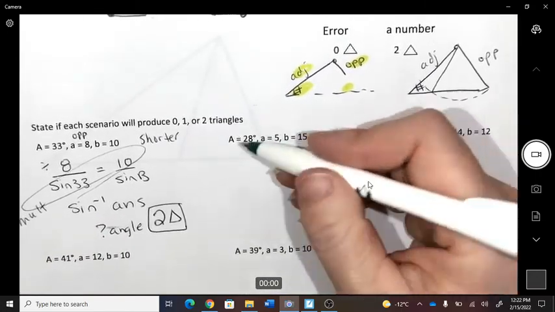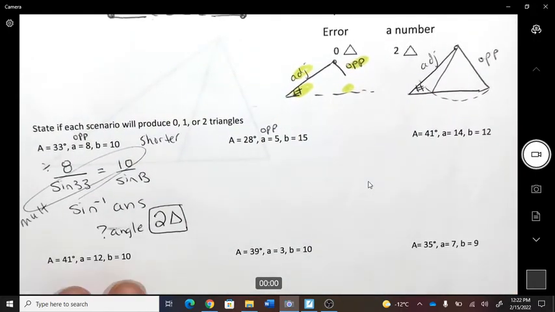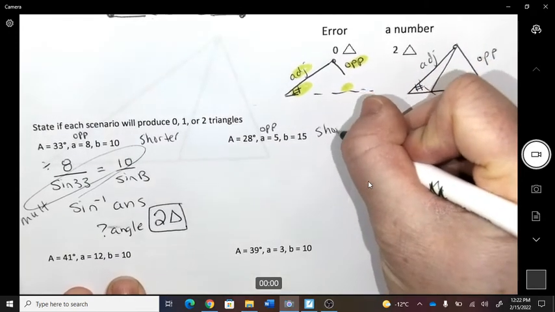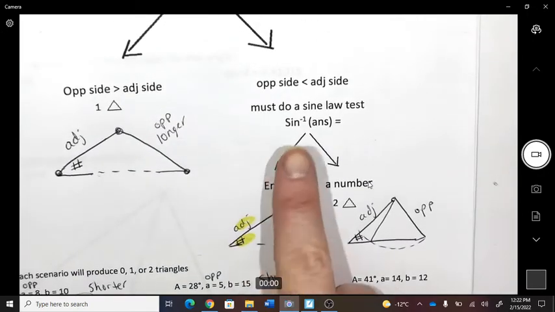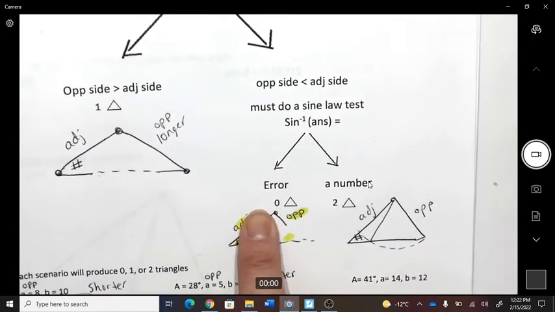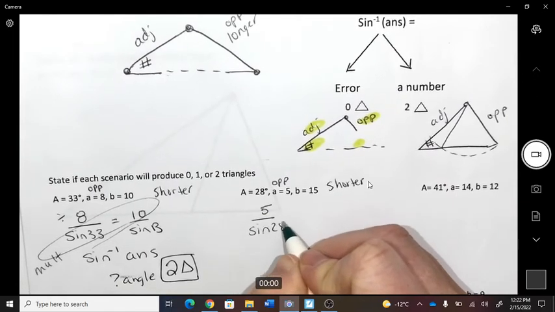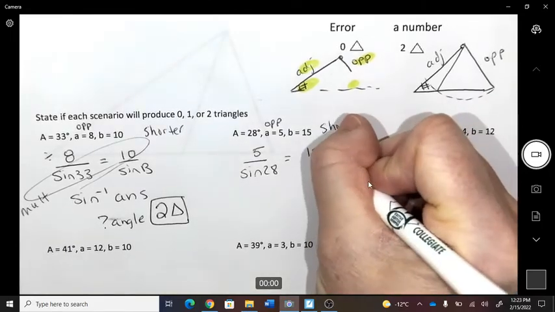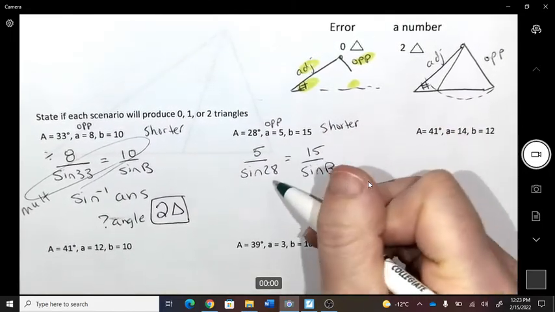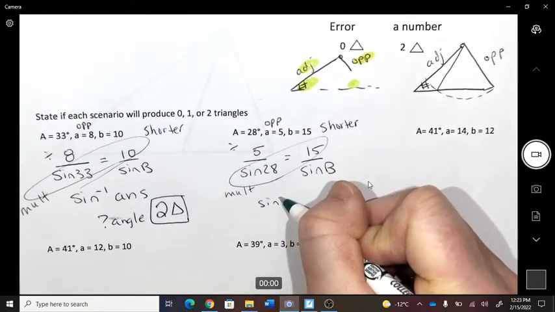Okay, second question. So A is opposite of A. So opposite is shorter. So we're going to figure out this side, sine law test. Is it too short, or is it going to make two? So I got to test it. So 5 over sine 28 equals 15 over sine B, multiply, divide, and then inverse.